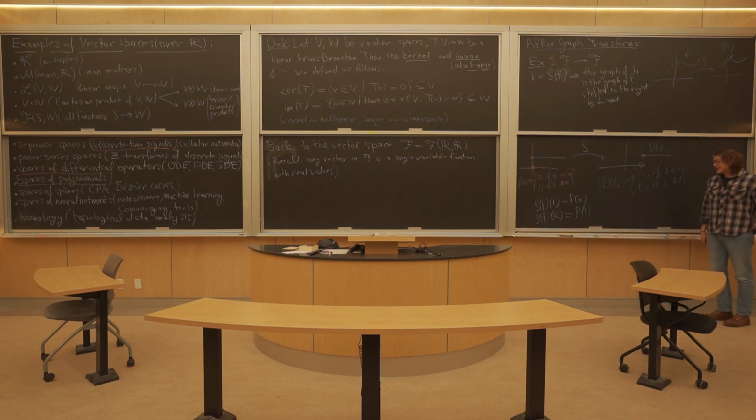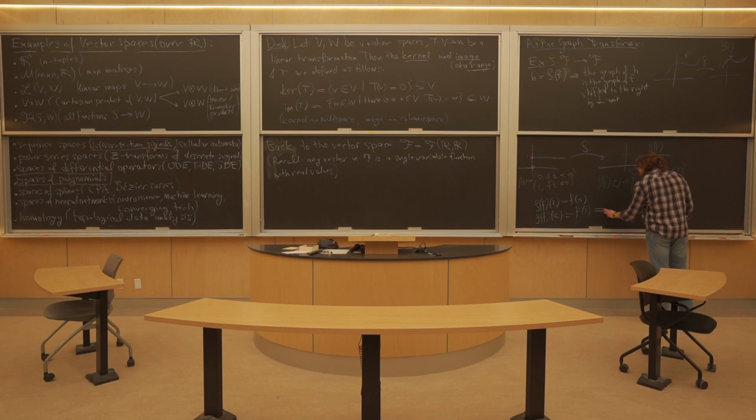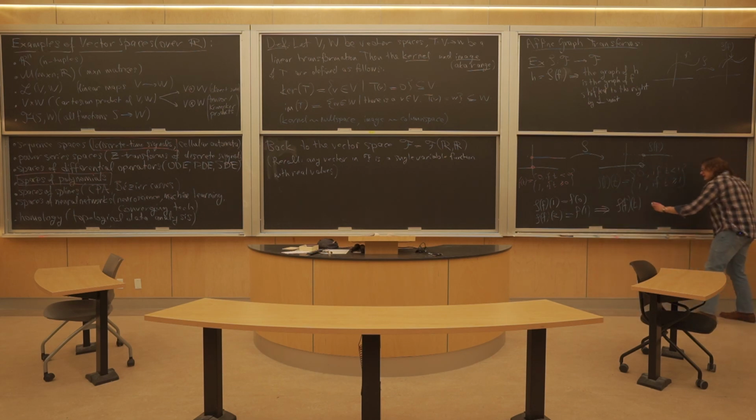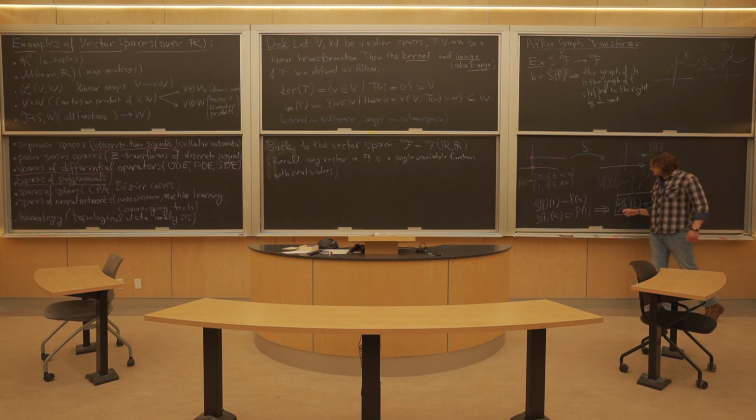Based on this, now I can come up with an explicit description. I can write the shift like so. This is the same thing as f of t minus 1. You see, I'm changing the input of f by 1 unit. I'm subtracting 1 from t before applying f.